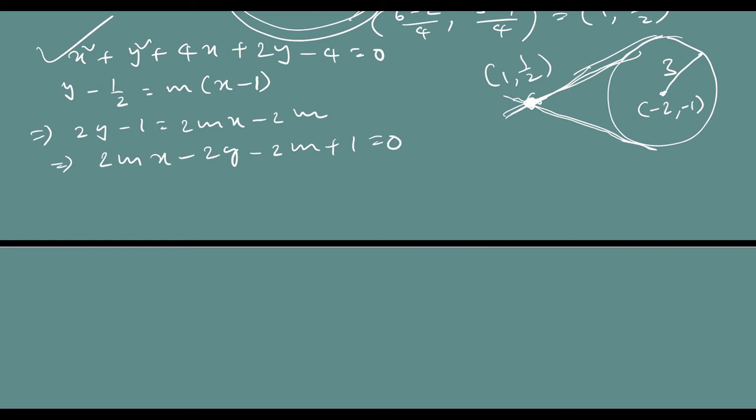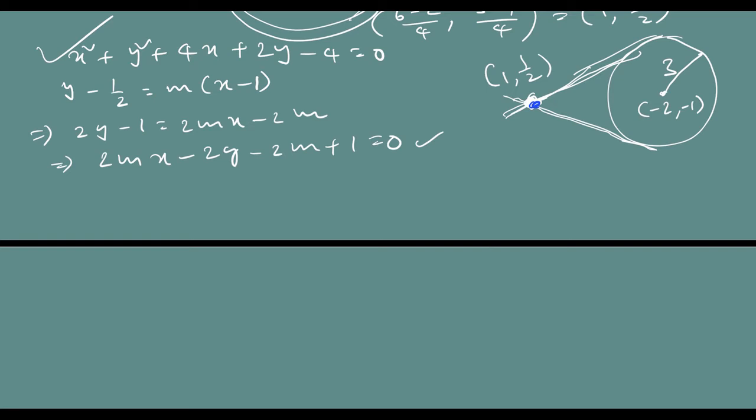Now we want those lines through this point which are tangents to this circle. Okay, so applying the condition for this line to be tangent, distance from center to the line is equal to radius is the condition.